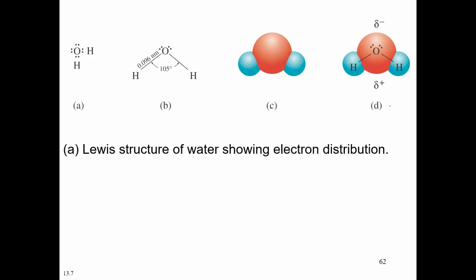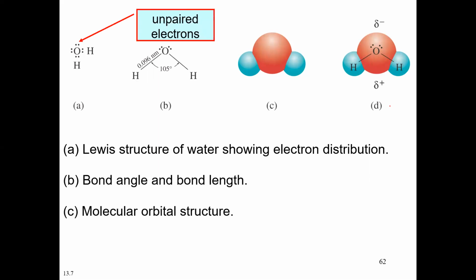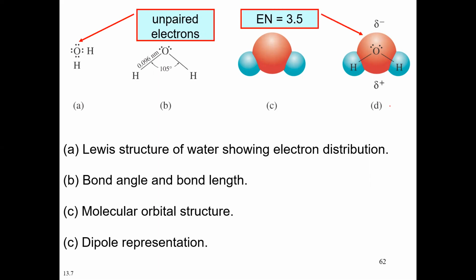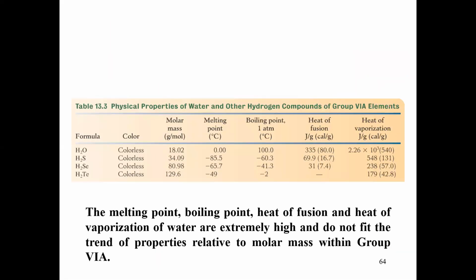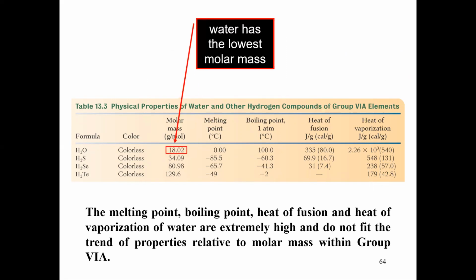The Lewis dot structure shows the electron distribution around each atom, the bond angle and bond length, and then the orbital structure associated with that. And there is a definite dipole representation of this, due to the electronegativity difference. The hydrogen bonding is all related to this.